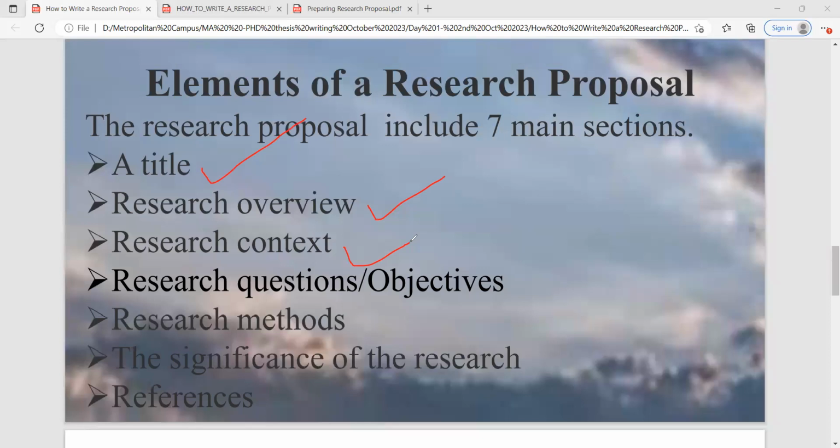Whatever the important things, the research overview, the research content and all those things, you can even get from the literature review. Of course, when you are doing your literature review, you have to have proper secondary information, secondary data.